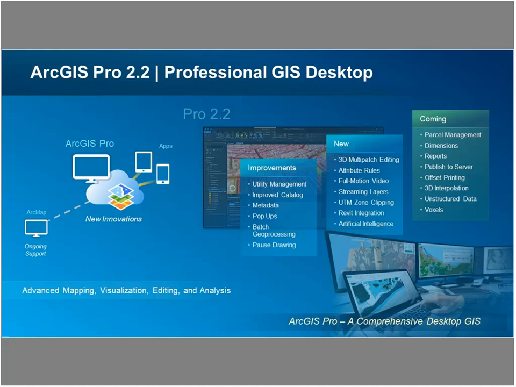So where are we now? ArcGIS Pro 2.2 was released last June and includes many functionalities and new features. As you see here, for example, you can slice through your content now in your scenes using planes or volumetric shapes. You can play and analyze full motion video data if you have the ArcGIS Image Analyst extension.